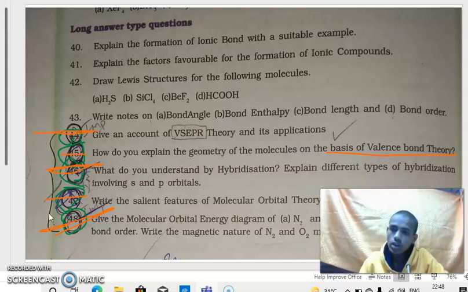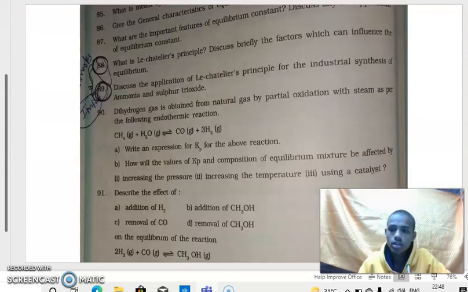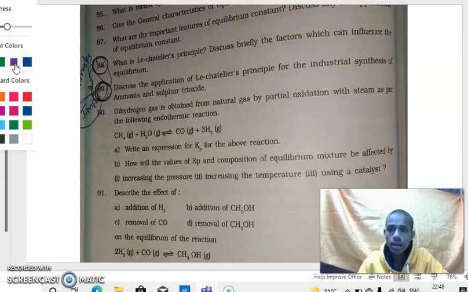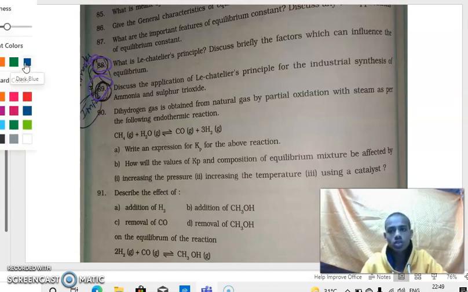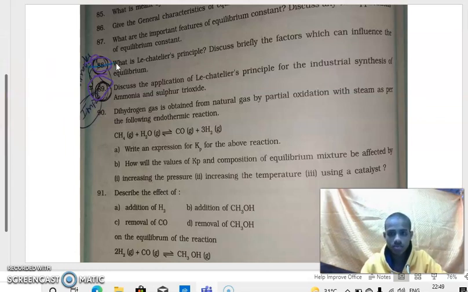Next, going to 5th chapter, that is chemical equilibrium and acids and bases. In this chapter, the most expected question is Le Chatelier principle. Le Chatelier principle is the most important question. What is Le Chatelier principle?